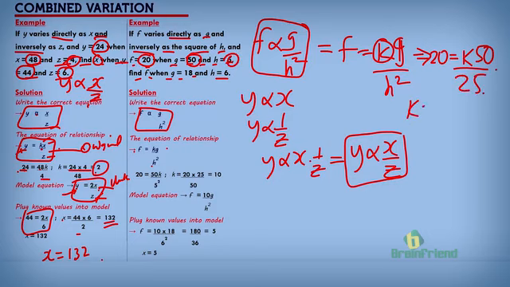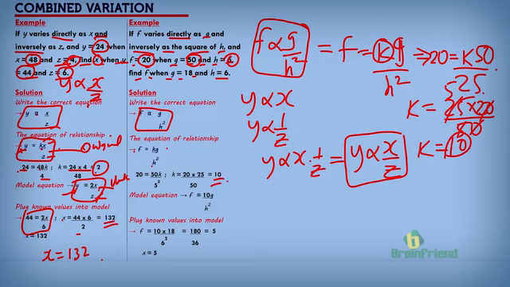K therefore is 25 times 20, and of course all over 50 here. And that will give us 10. Okay, 5 here, 5 times 2, 10. So k is 10. We have a value for k, 10.